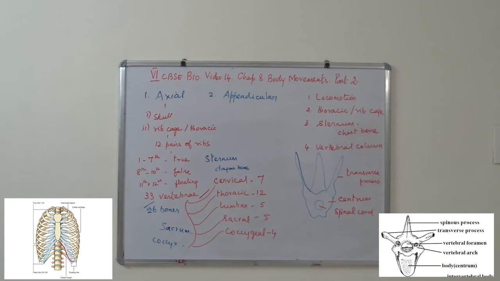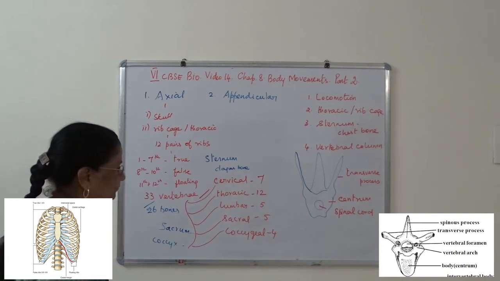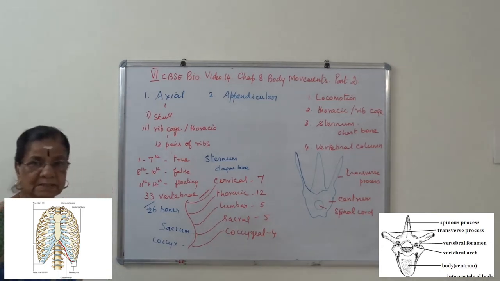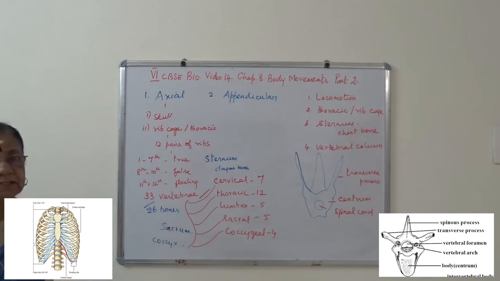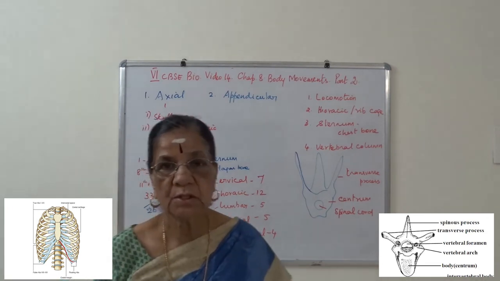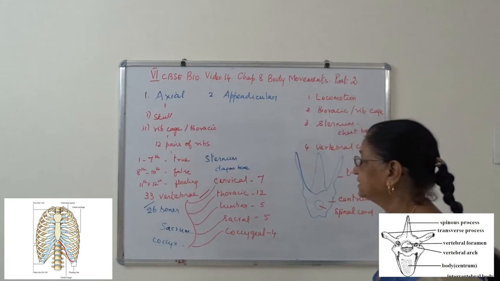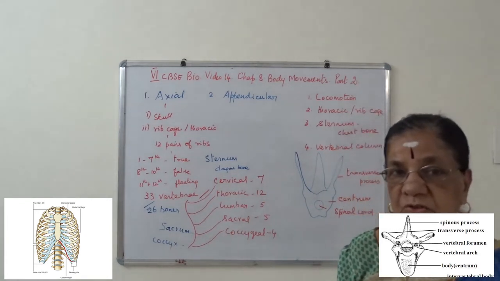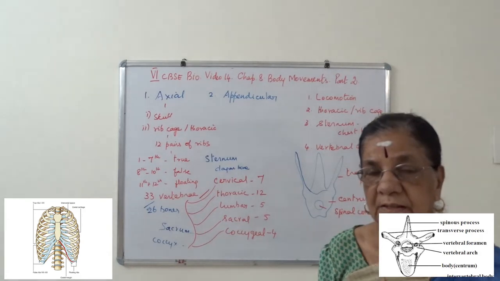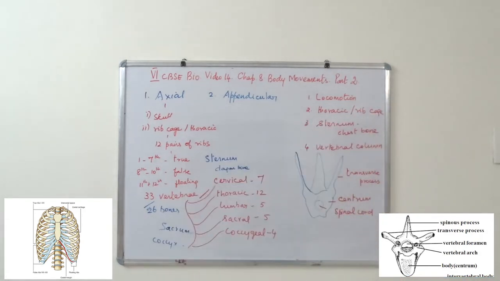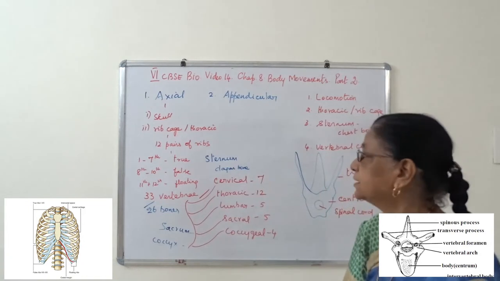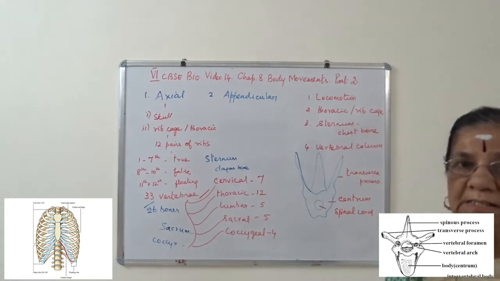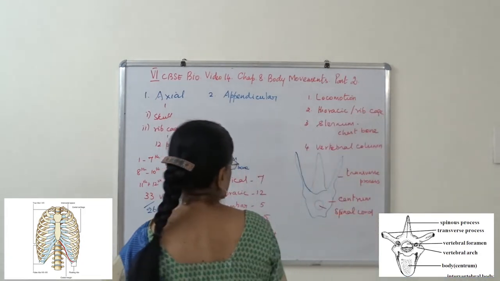I hope you follow. So this is for the axial skeleton. The axial skeleton includes the skull, rib cage or thoracic cavity and vertebral column. Are you clear?